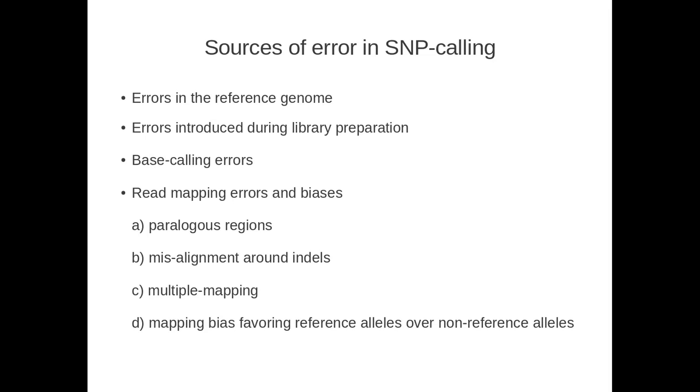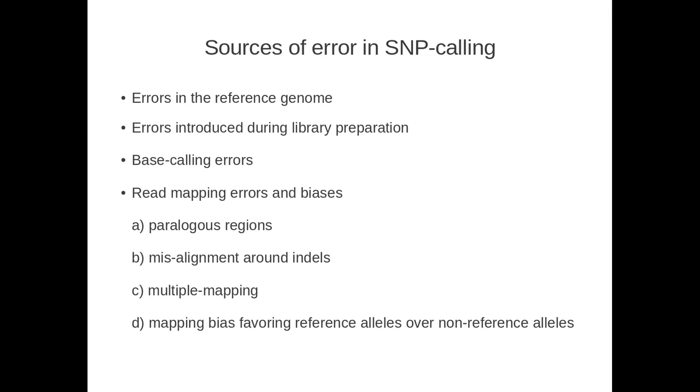I'll come back to this in a second, but imagine if you had a heterozygote individual that you've sequenced, and one of the two alleles in the heterozygote is the same allele that's in the reference. That allele is inherently going to map better to the reference than will the alternate allele.